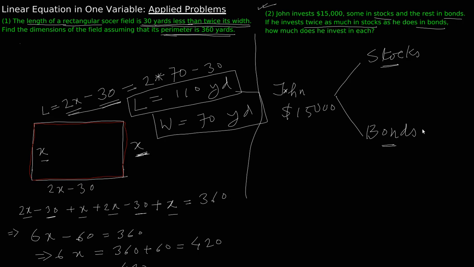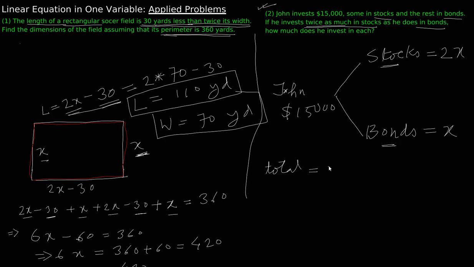So if I assume that John invested X dollars in bonds, then in stocks he invested twice as much, so 2X. If stocks are 2X and bonds are X, what will be his total investment?